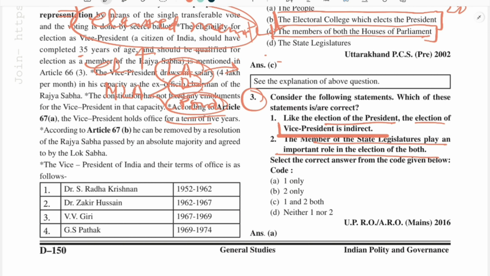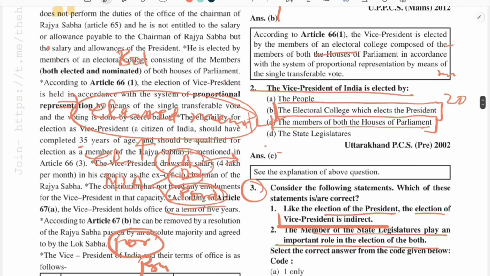But for your brief information, the president, as I told you, is also indirectly elected, because people do not directly vote for the president. They are elected by the representatives whom we elect. Like in the state, there are MLAs, the people elect MLAs, and in turn these MLAs take part in the election of the president.